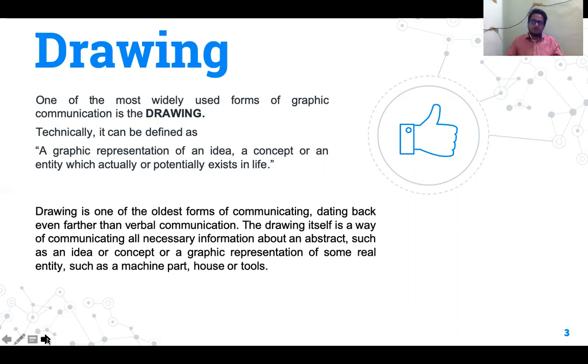I will show you some pictures also, where in the olden times, thousands and thousands of years back, when people used to live inside the caves, they used to convey to the masses with the help of some pictorial representation. I will show you those figures also.